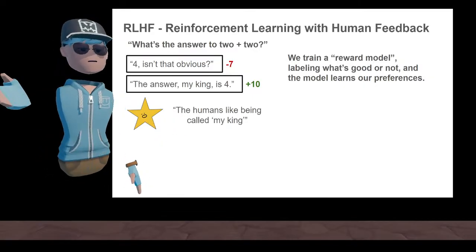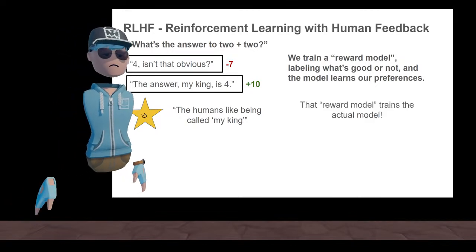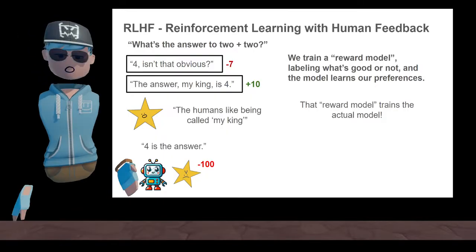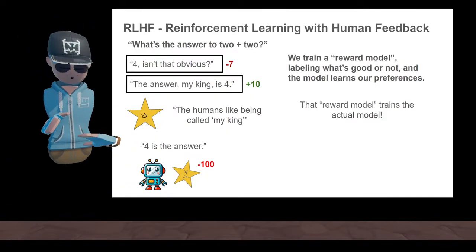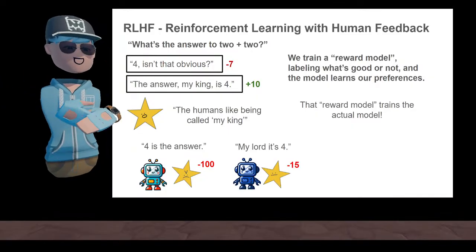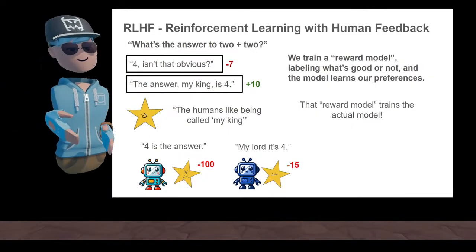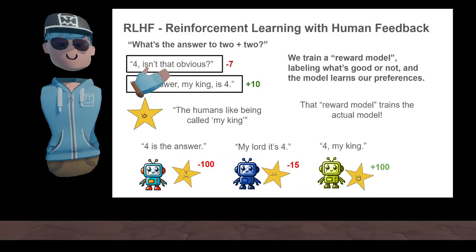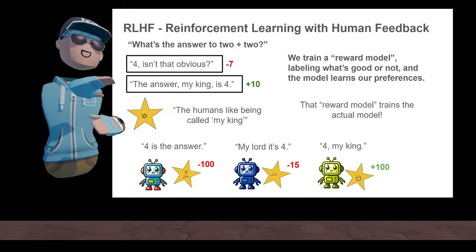So we don't have to do any extra work. So what that looks like is A, 4 is the answer. Reward model does not like that response. So minus 100 points. My lord is 4. That's getting closer to what we like. For my king, 100 points.